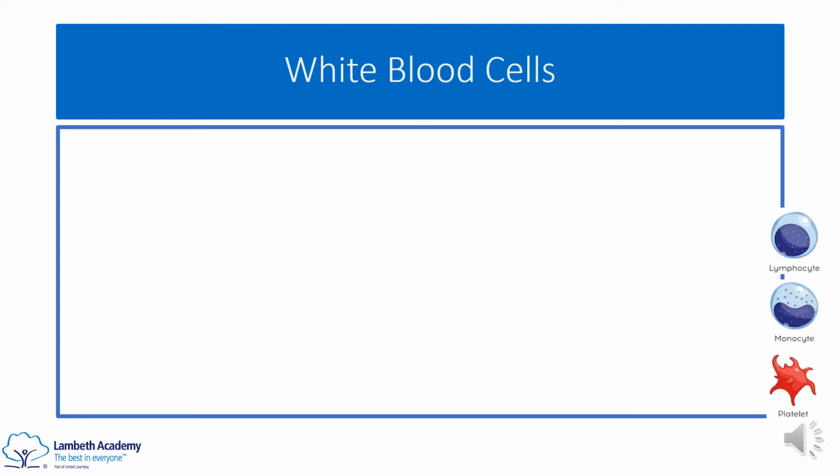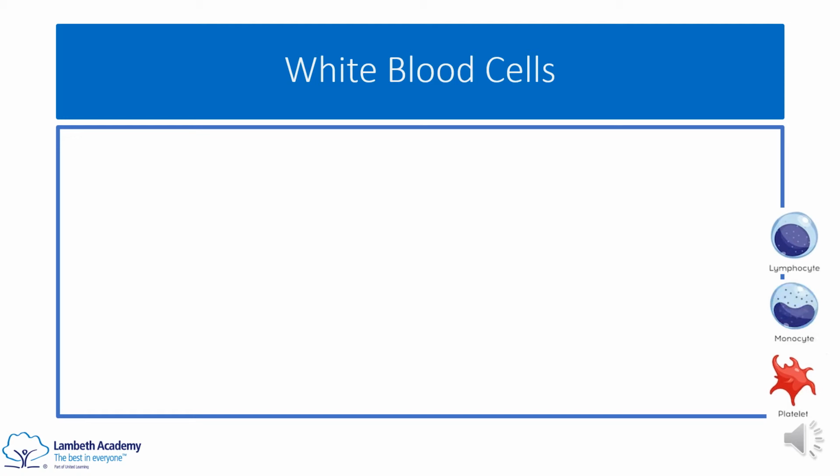The next white blood cell that we're going to look at is a monocyte. Now these are special. The reason that these are special is because they are very, very good at phagocytosis. That means they not only work within the blood and within the circulatory system, but they will leave that system and travel to the site of infection.